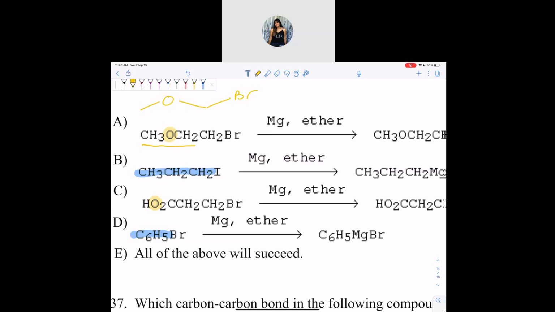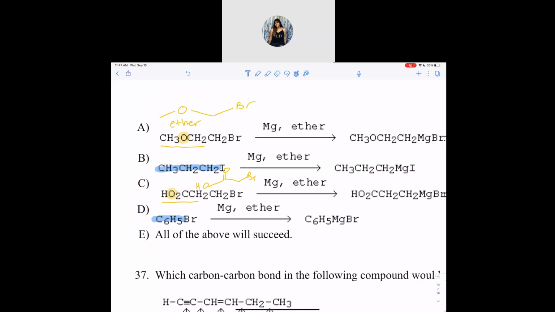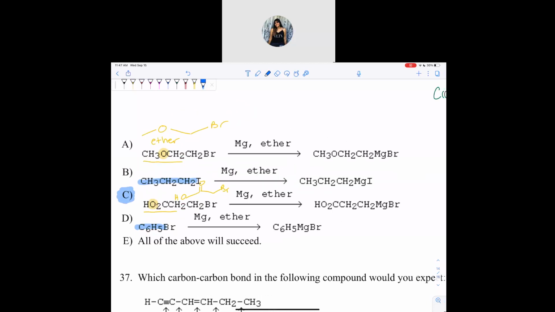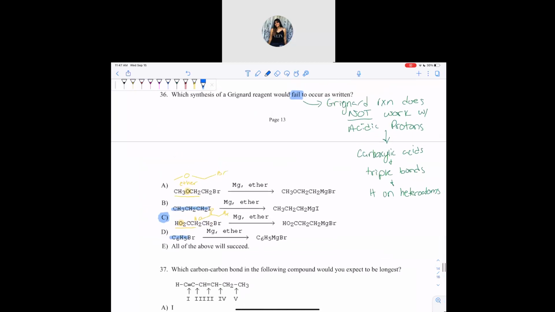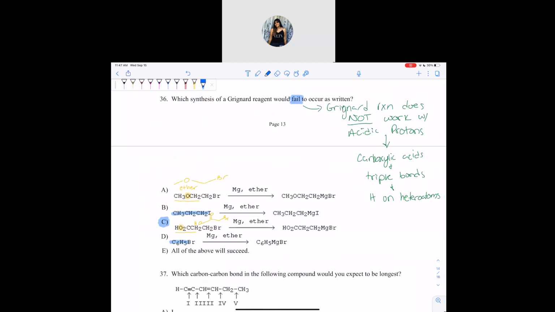So this functional group is an ether, whereas this functional group is a carboxylic acid. There are no hydrogens directly attached to this heteroatom, so that one is good to go. However, this hydrogen on the carboxylic acid is going to be too acidic. It's going to count as an acidic proton, and this reaction will not happen.